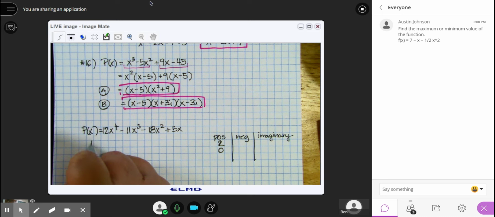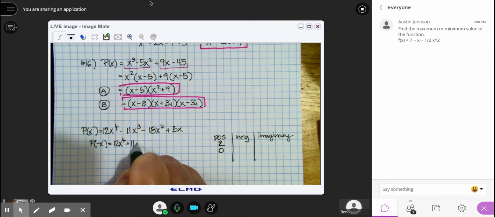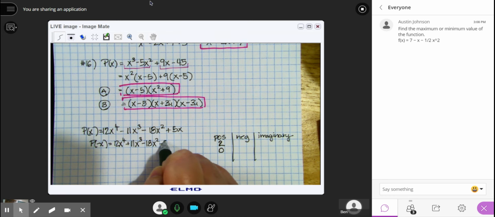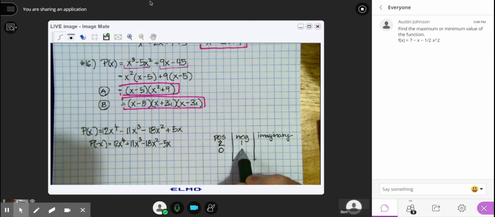If I look at p of negative x, that would not change the 12x to the fourth. It would change the sign on 11x to the third. It would not change 18x squared, but it would change the 5x. Now I've only got one sign change. So I could have one negative solution or I could have 0.